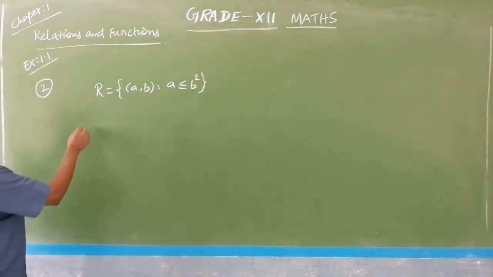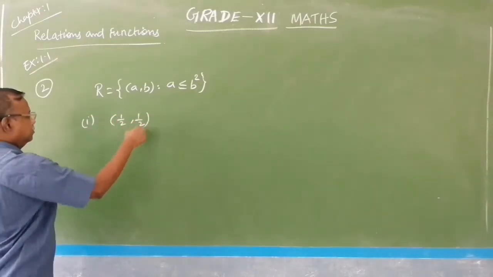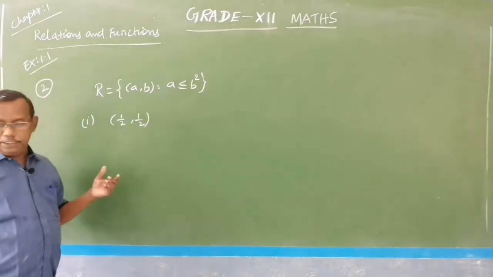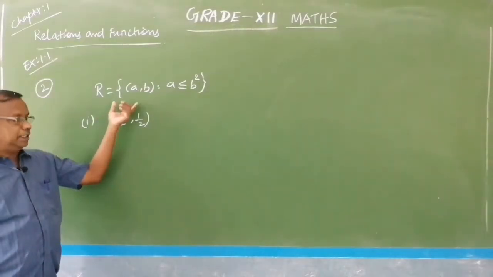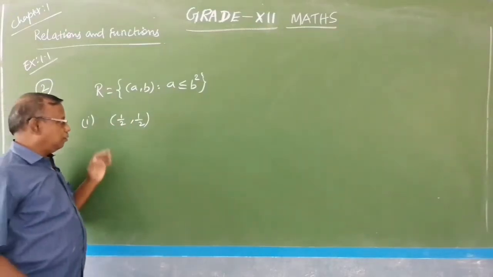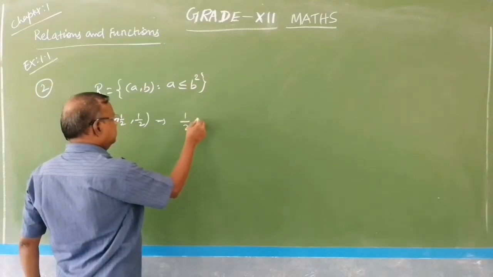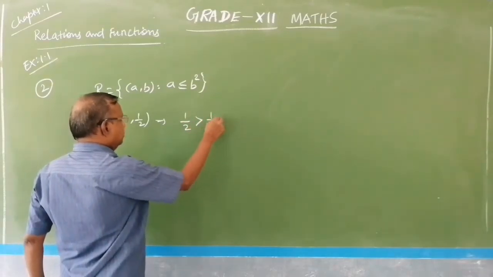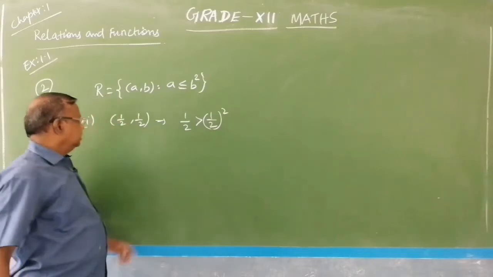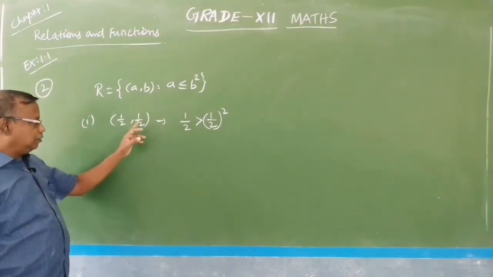First one, consider the element (1/2, 1/2). For any reflexive relation, the element (a, a) must belong to R. Here, 1/2 is greater than (1/2) squared. Look here, the first 1/2 is greater than (1/2) squared.